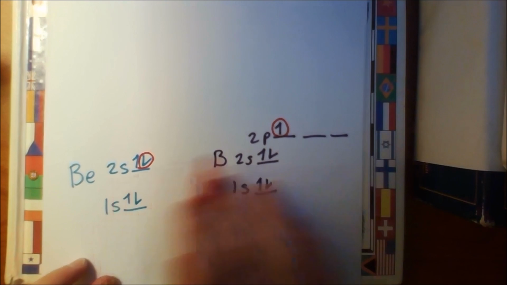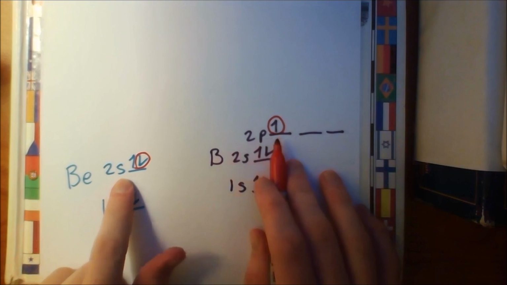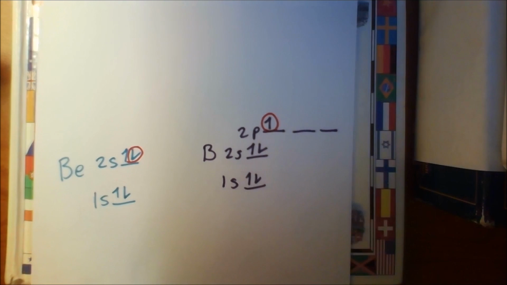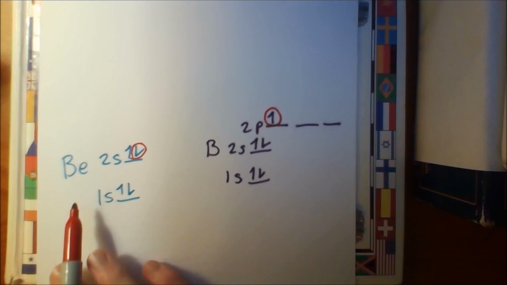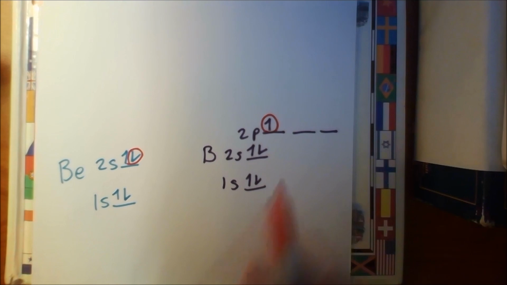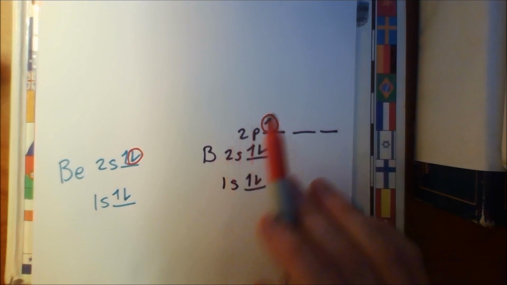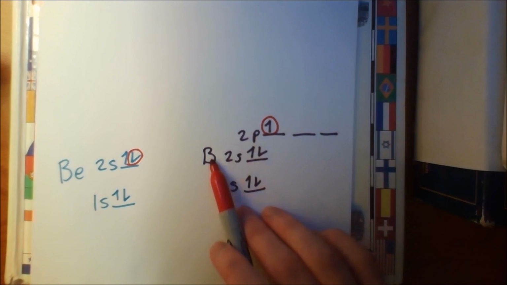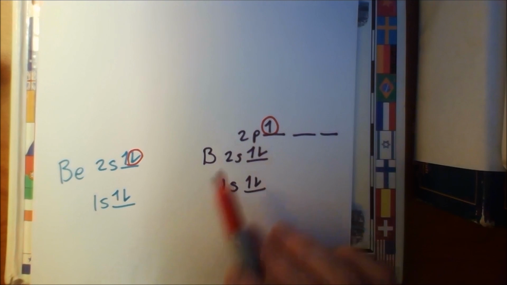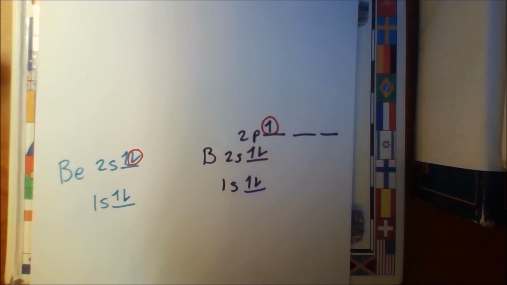Which of these is higher in energy, the 2s or the 2p? That's a little difficult to answer because we would have to know how many protons are in the nucleus, because the energy of the orbital is affected by the effective nuclear charge. But it turns out that the additional energy from the 2p orbital in boron is enough to overpower the additional attraction to the nucleus by the additional proton compared to beryllium.